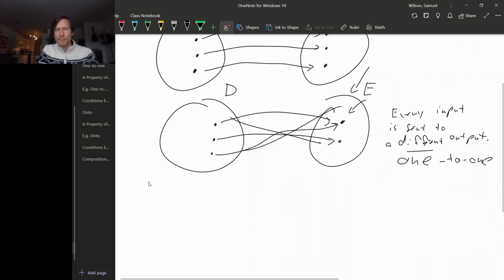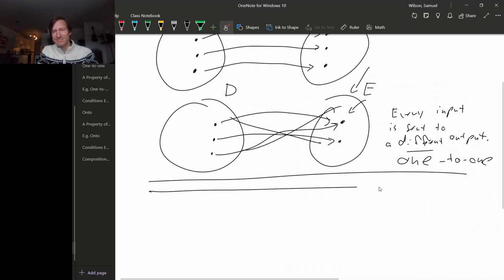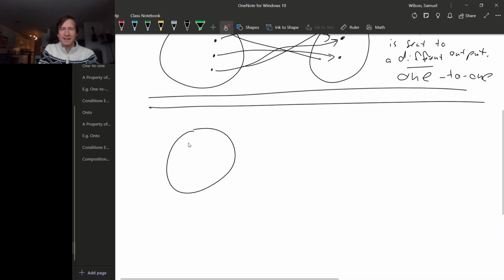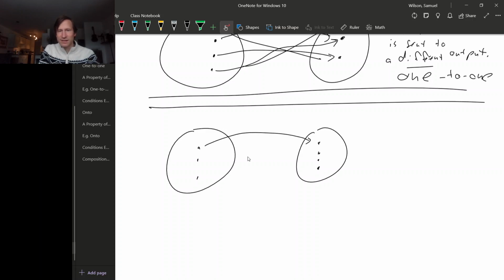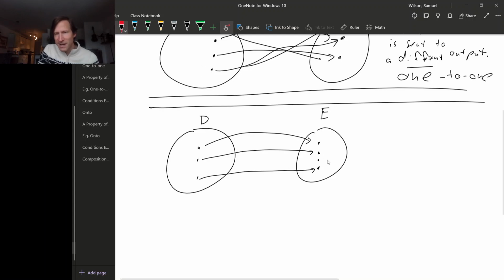Okay, but there's another way that a function can be problematic. So what if we had something like this? Okay, well, in this situation, the thing that you might notice is that there's an item in the codomain, this one right here, that doesn't have anything that goes to it.